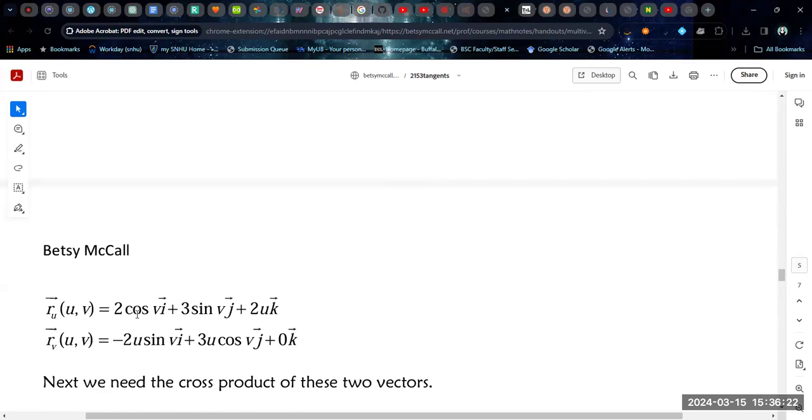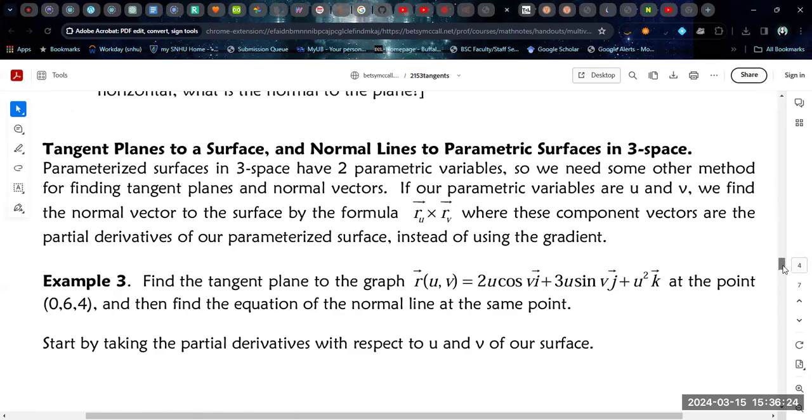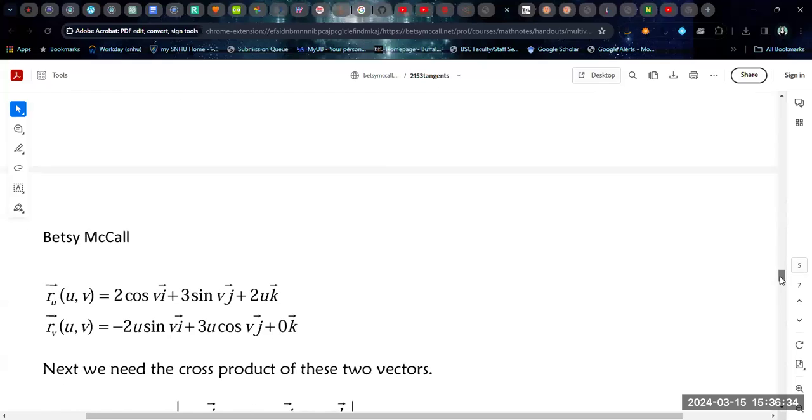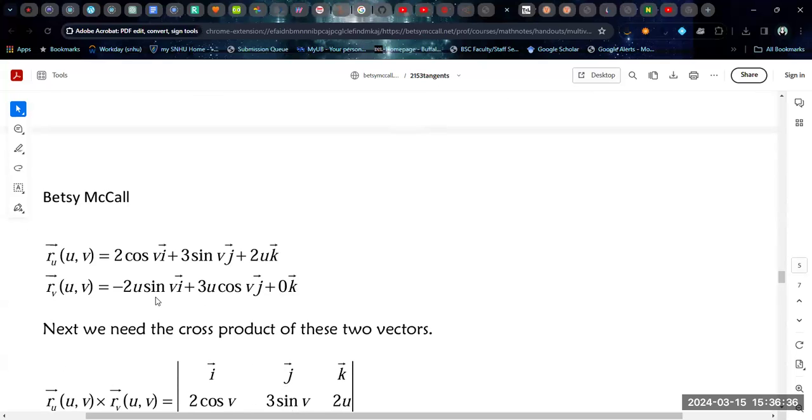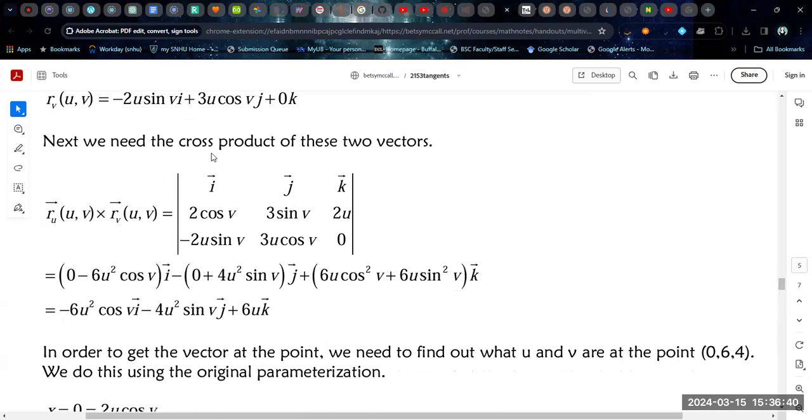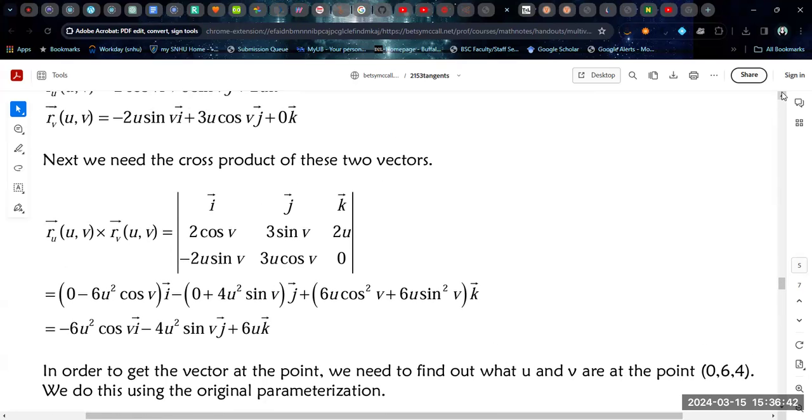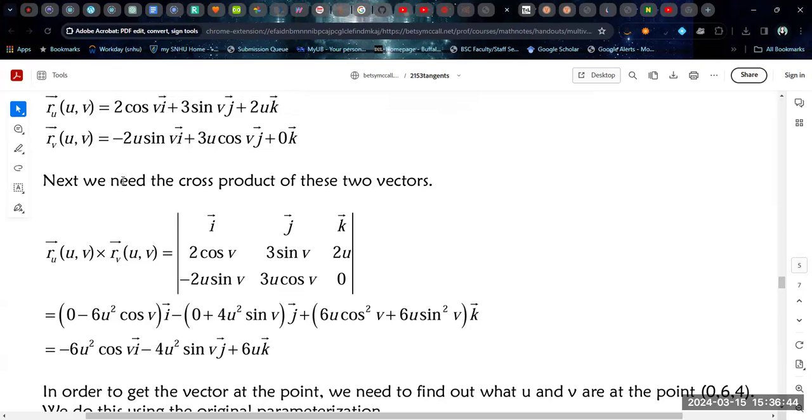So that's what we have here. And then when we take the derivative for v, the u's stay, but cosine becomes minus sine, sine becomes cosine, and the k component becomes 0 because there's no v's in it.